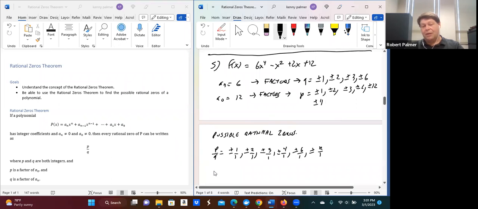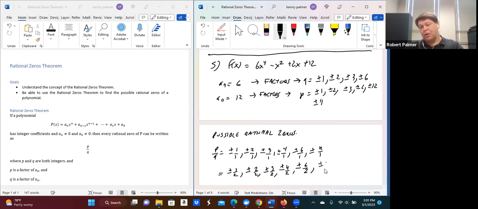Now divide each one of those by 2: plus or minus 1/2, plus or minus 2 over 2, which of course we reduce, plus or minus 3 over 2, plus or minus 4 over 2, which should also reduce, plus or minus 6 over 2, and plus or minus 12 over 2.